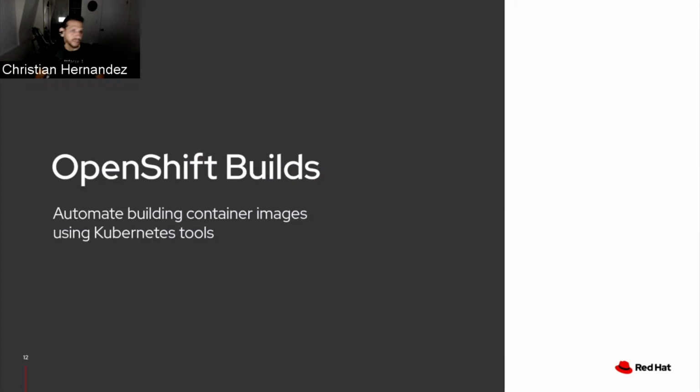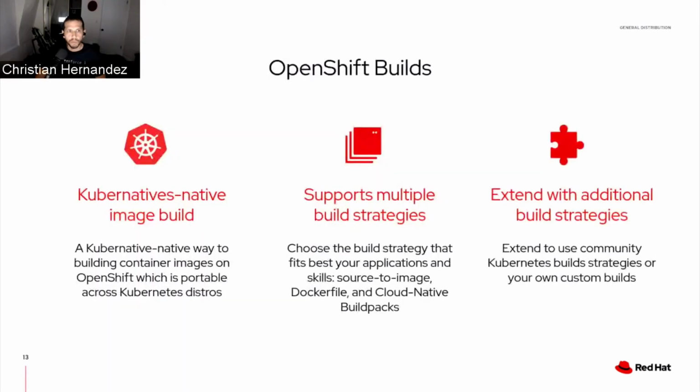So let's talk about OpenShift Builds a little bit and look at it at a high level. The idea is that you have a single interface to your application builds, to turn source code essentially into a container image that can run. The idea is to make that an interface and not necessarily a thing.